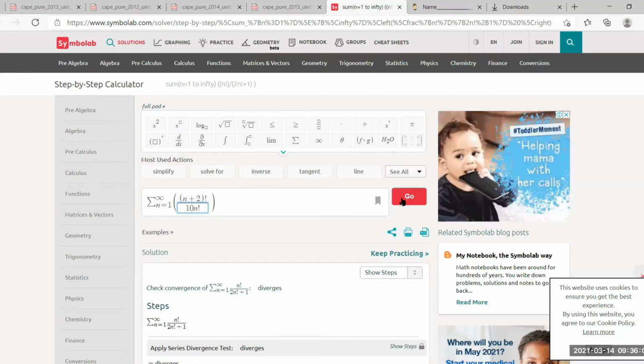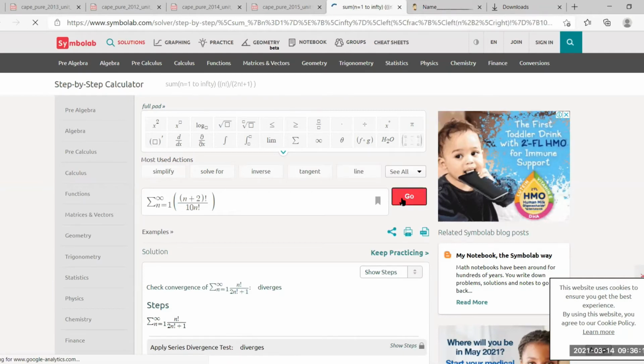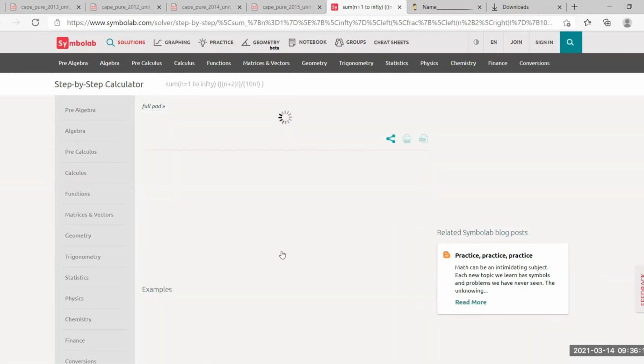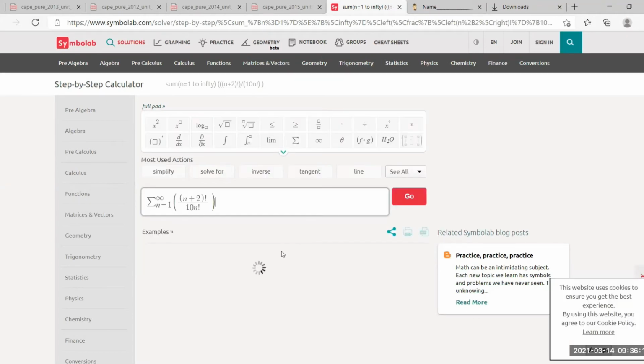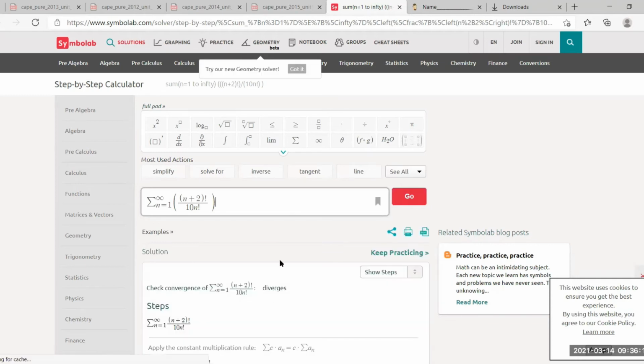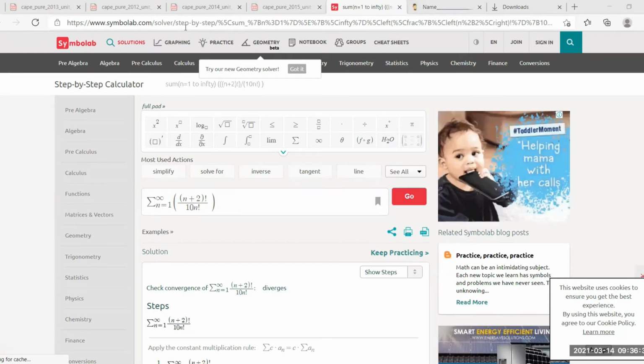It should diverge. There you go, diverges. Whenever you do a question, you can put it in Symbolab to check your solution. It is www.symbolab.com. I'll leave a link in the description.